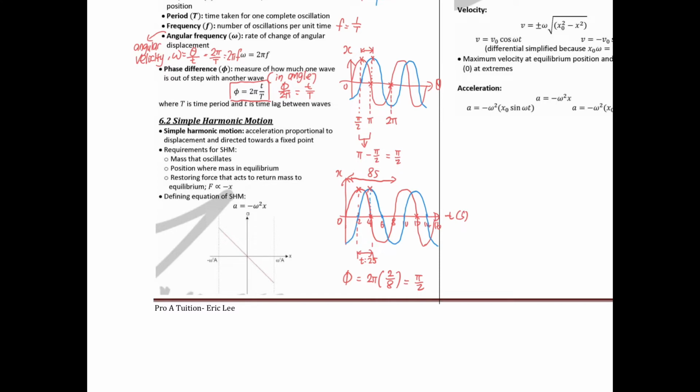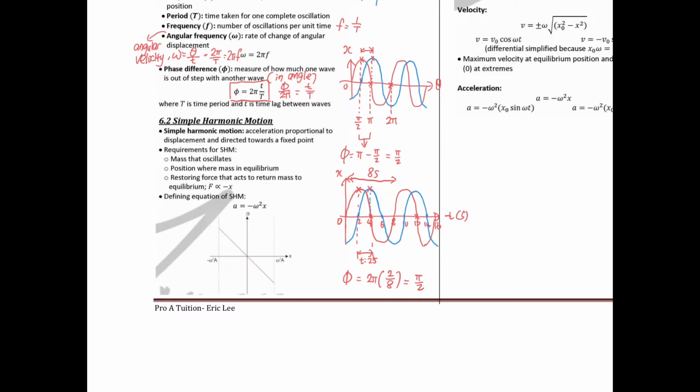If they give time, use this formula. If they give theta, angular displacement, straight away minus the angle. That angle is angular displacement. This answer is straight away the phase difference. Okay.